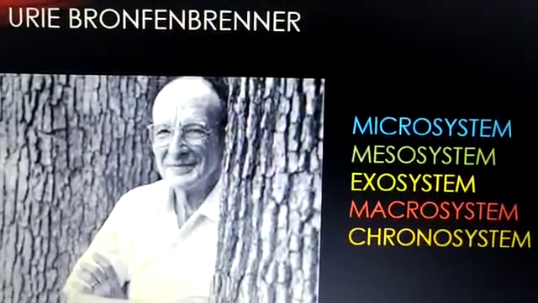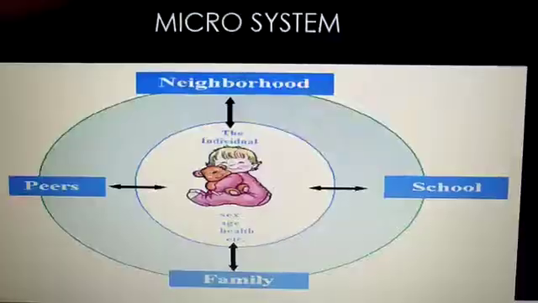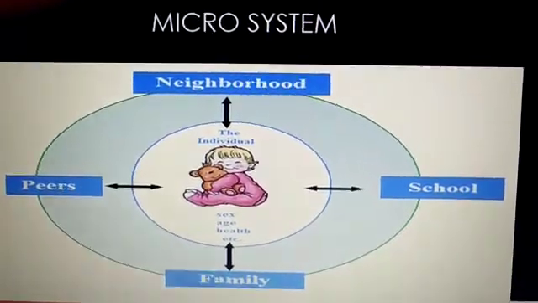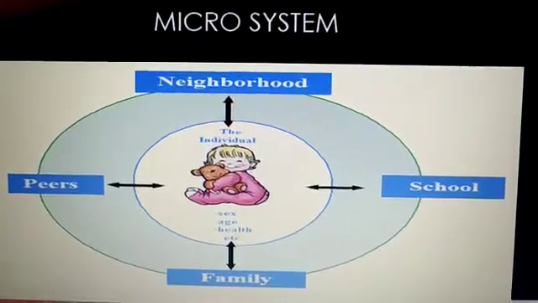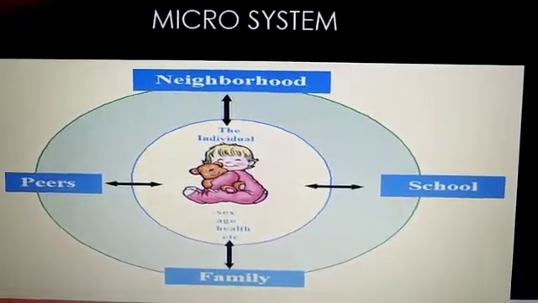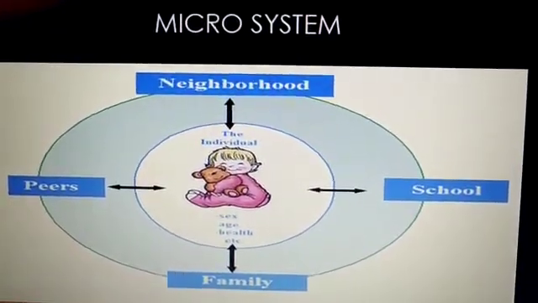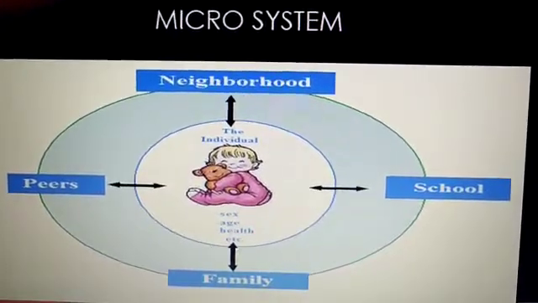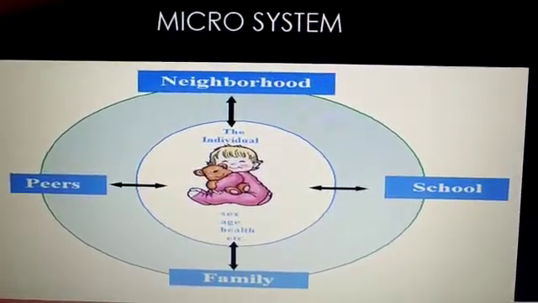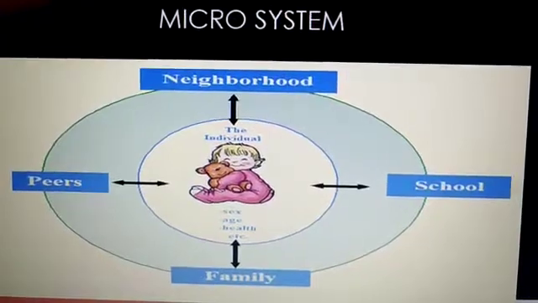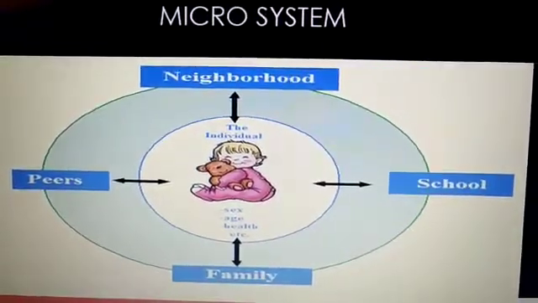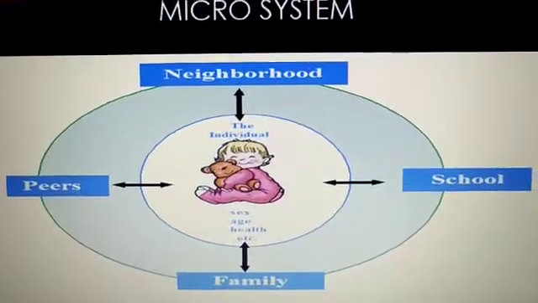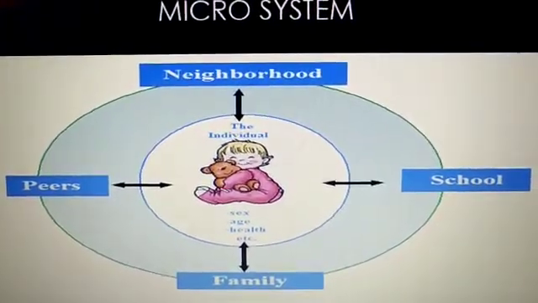Now children, the microsystem is the immediate environment in which the individual lives. It is in this setting that the child directly interacts with social agents such as family, peers, school, and neighborhood. So these are the four important socializing agents for a child. Now children, another system is the mesosystem.